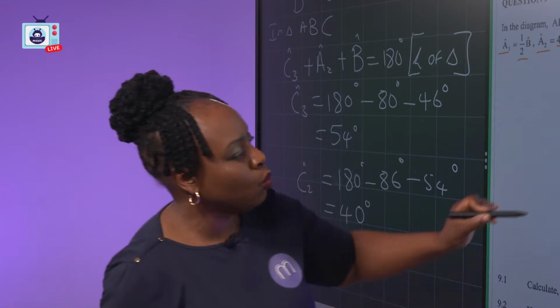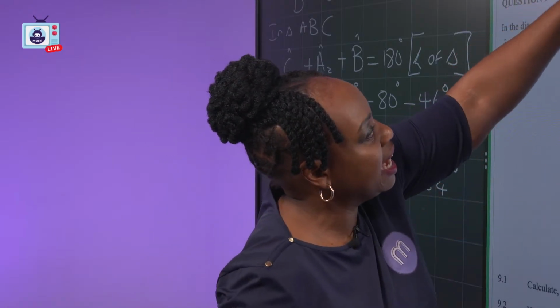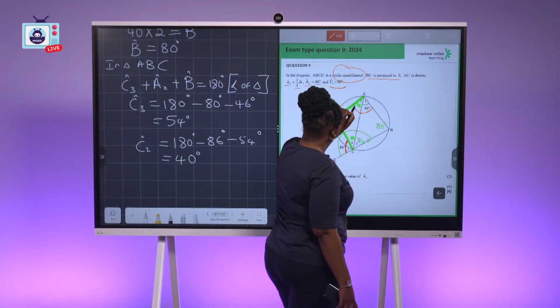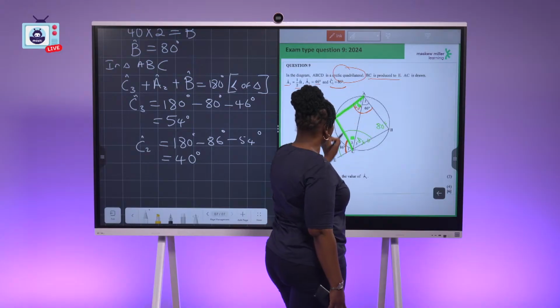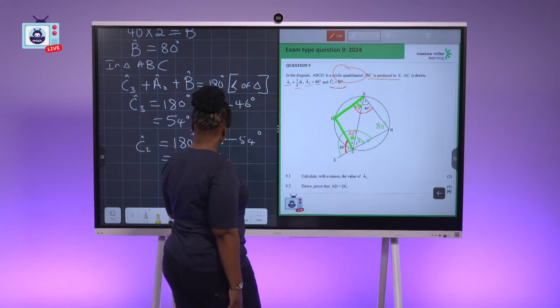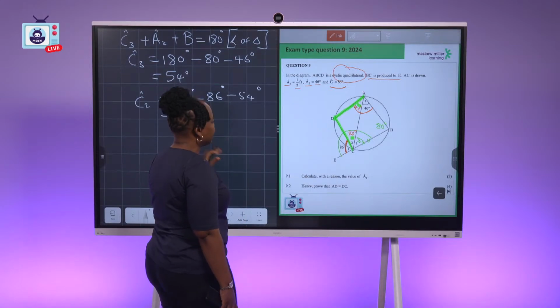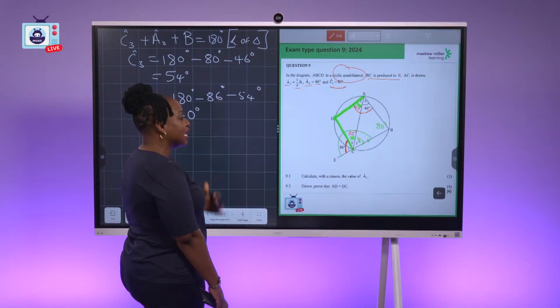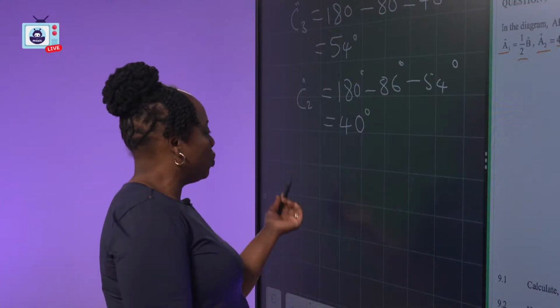So in this case, you managed to find that the angle that is here is 40 degrees. It's our A1. Also, our C2 is 40 degrees. And for the fact that we found the angles that are opposite the sides that we are looking for, that means we have solved the problem.